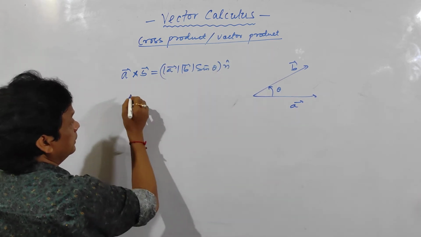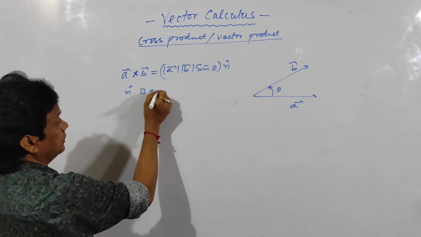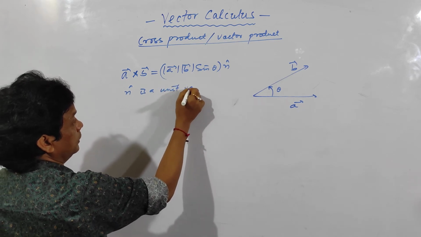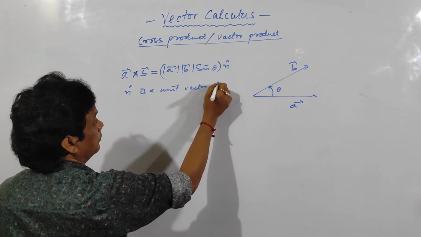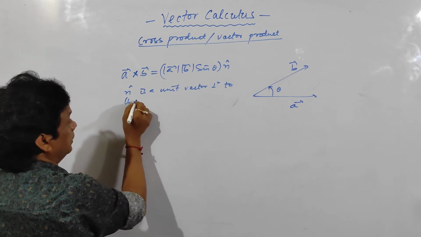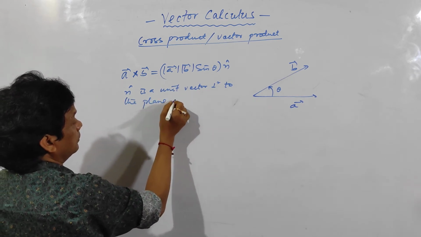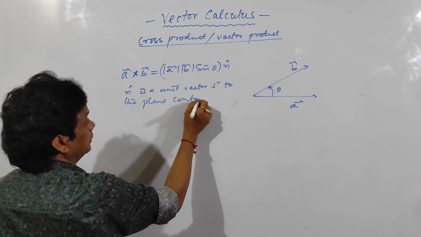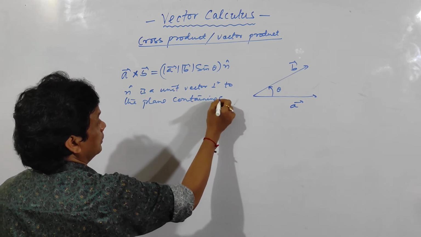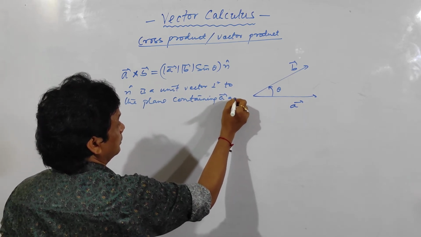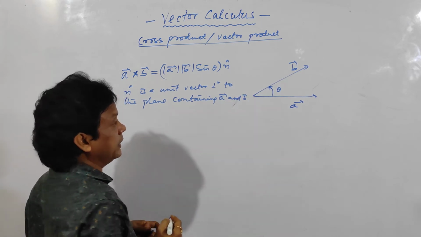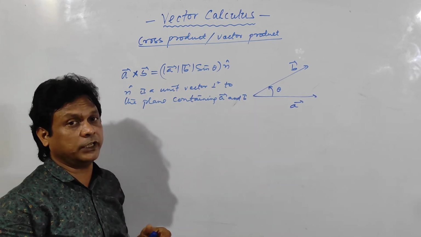What is n cap? N cap is a unit vector perpendicular to the plane containing A vector and B vector. That means n cap should be perpendicular to the plane containing A vector and B vector.